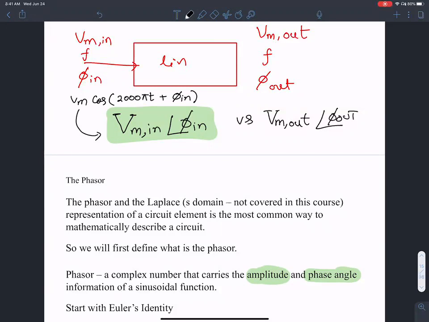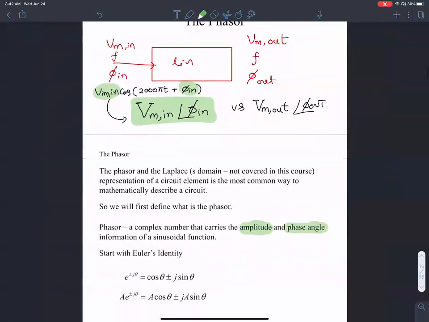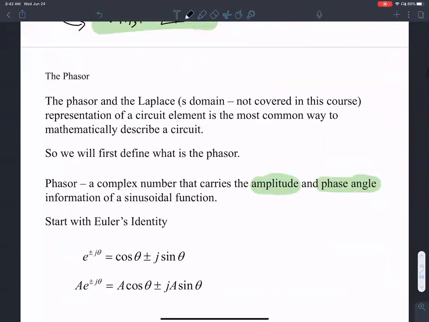Then the phasor is nothing but Vm comma the phase. A phasor is when you take the amplitude and the phase and represent them together; that's all there is to the idea of a phasor. So a phasor is the complex number that carries the amplitude information and phase angle information.